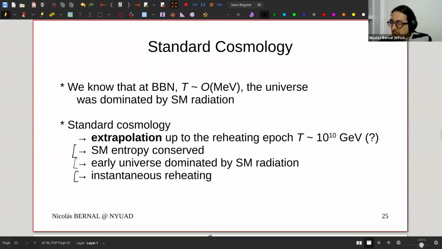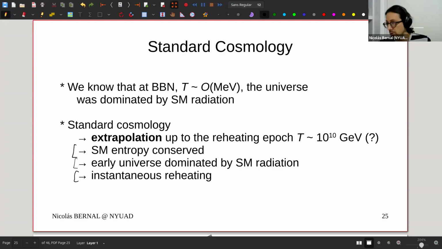However, please keep in mind this is an extrapolation, and it is not guaranteed by anything. As we don't know how reheating and the early universe behave, it makes sense to make this kind of assumption. However, it's an assumption, an extrapolation that we are doing.